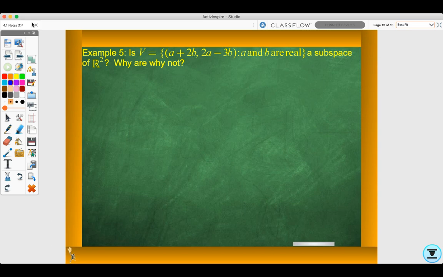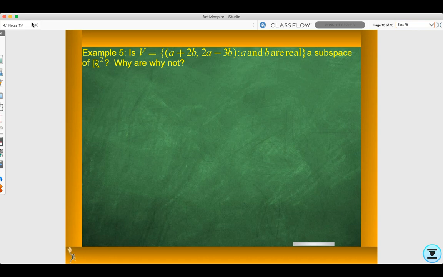So let's look at example 5. Is V = {(a plus 2b, 2a minus 3b)}, where a and b are real, a subspace of R2? Why or why not?